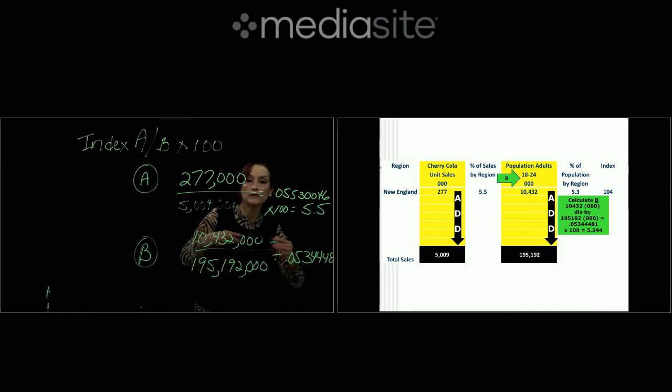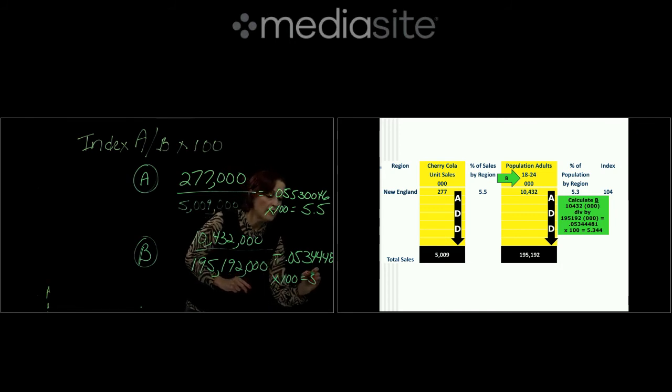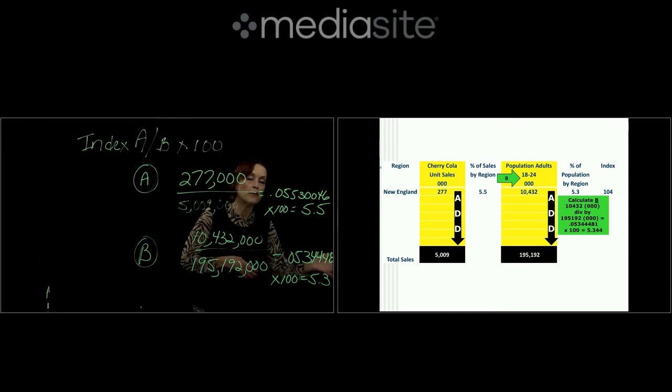So we write the full number. Again, let's multiply this times 100, and it's 5.344, but again, if you round up to one decimal point, it would be 5.3.